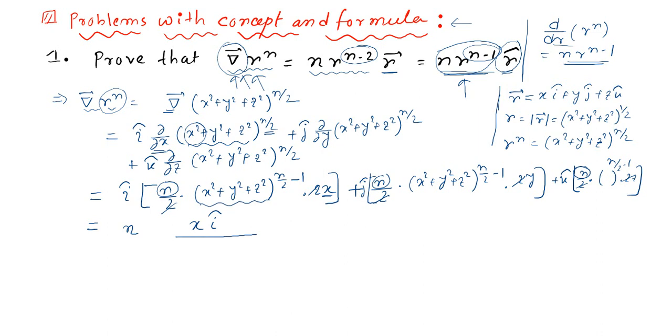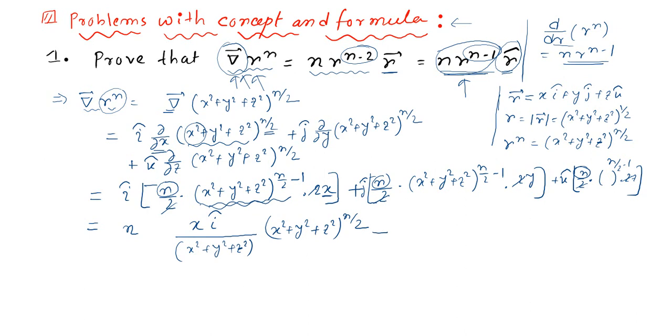One is x square plus y square plus z square whole to the power n by 2, and in the denominator it is x square plus y square plus z square. So then basically it gives you this term, right?